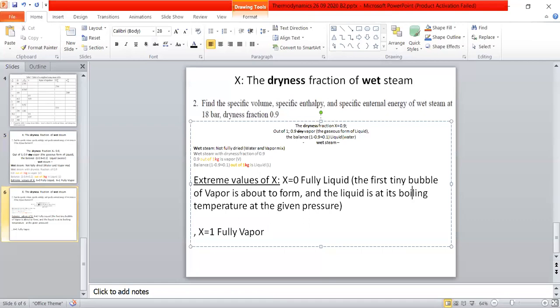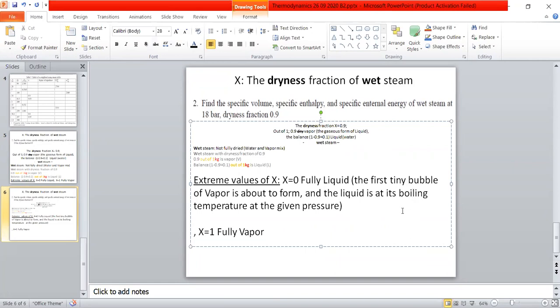If the liquid is not at boiling temperature, it means there is no readiness for the first bubble to come out, then there is no relevancy for x equals 1.